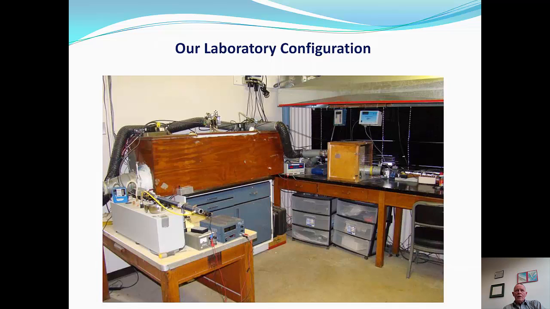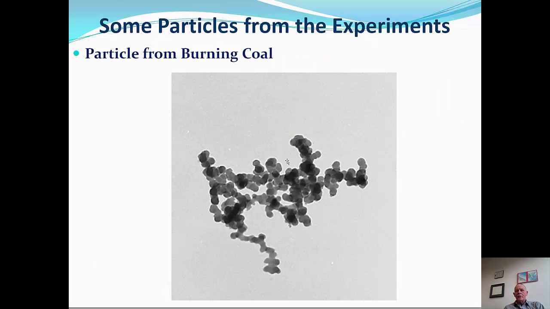Then we also flowed samples to some other devices where we looked at the radiative transfer, the scattering and extinction of the particles as a function of the mass concentration that we would measure with this one over here. And back here there's a whole bunch of other instrumentation that we used. So for purposes of this talk, basically we're just interested in looking at some of the pictures that we got and what they look like.